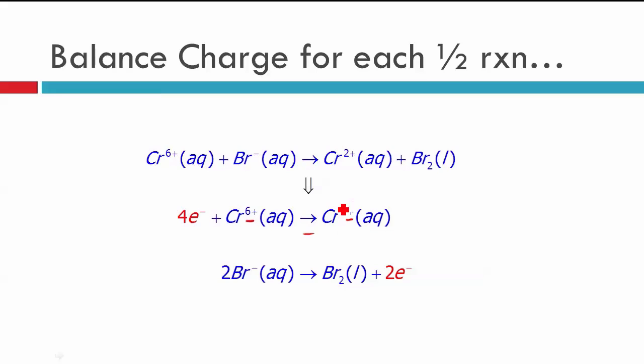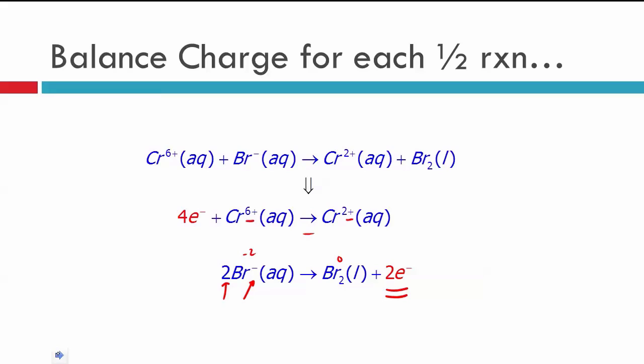On the right-hand side, our charge is +2. So the charge is +2 on each side now. In a similar fashion, I've got 0 on this side and -2 on this side. You might get confused here, but there are 2 -1s, which is -2. Therefore, I need to add 2 electrons to the right-hand side, the more positive side, which is 0.